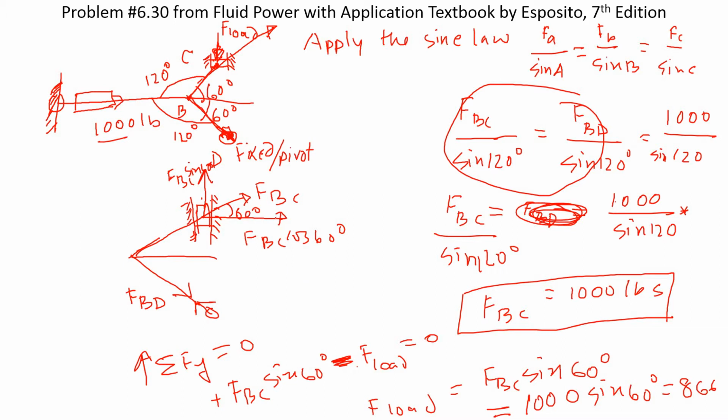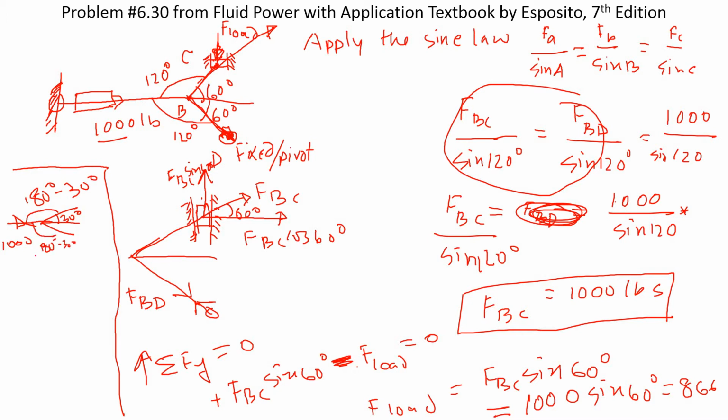Now if this angle changes, then the sine law will change and everything else is going to change. Let's assume this angle becomes 30 degrees instead of 60 degrees. So you have this 1000 pounds here. Now this angle would be 180 degrees minus 30 degrees, this angle will also be 180 degrees minus 30 degrees, and this is 30 as well.